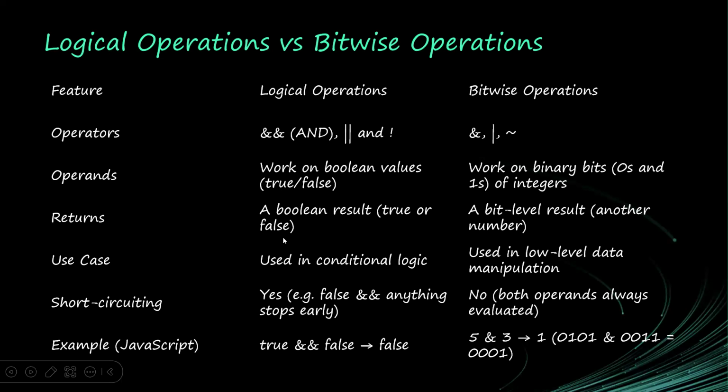Logical operators return Boolean results, true or false, while bitwise operators return a bit-level result, another number. Use cases in programming languages: we use logical operators for conditional logic, but bitwise operators are used in low-level data manipulation. Just follow along and try as much as possible to grasp it. These are some of the differences in the comparison we have here.